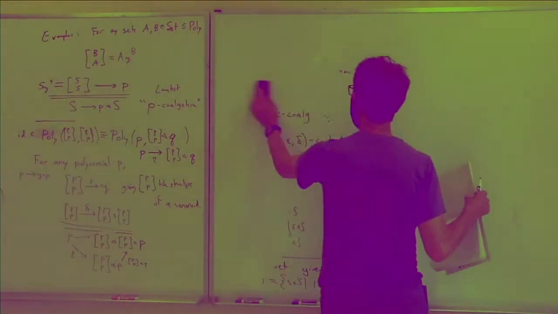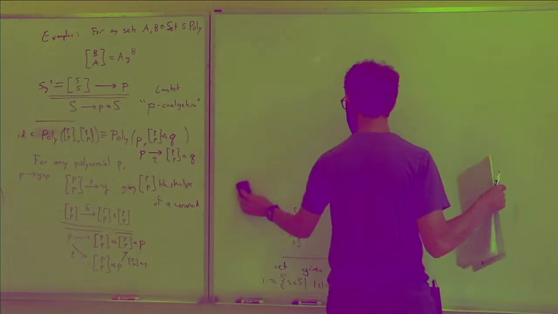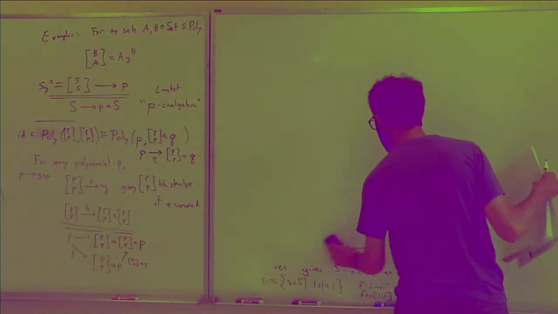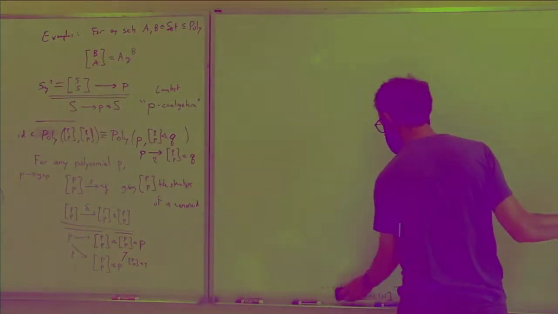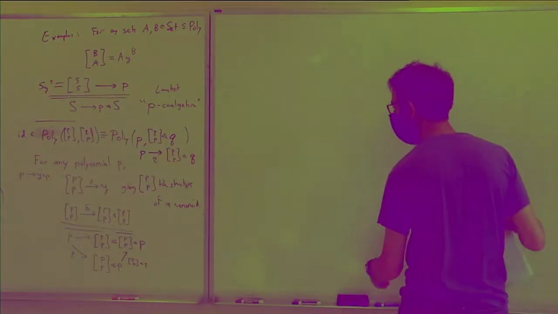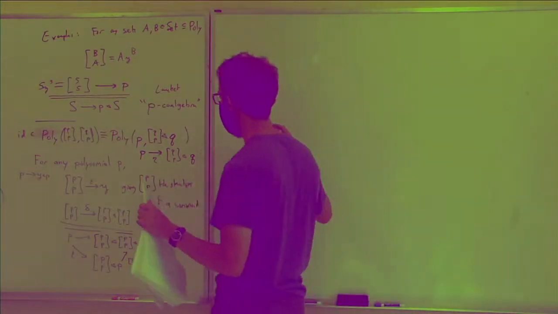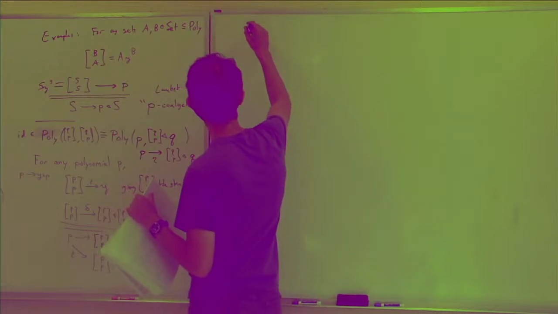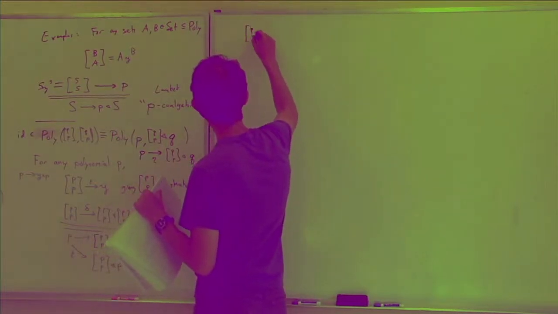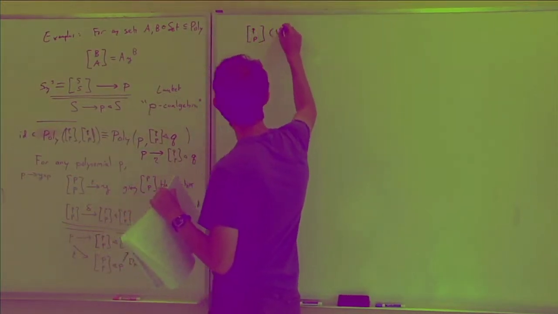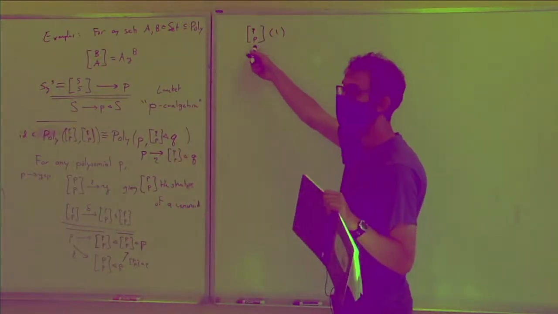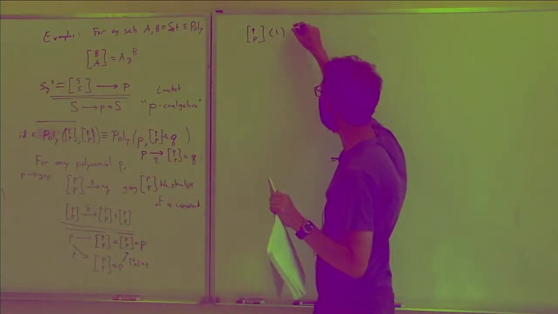We know how to get the category because we know how to get the comonoid. And I'm not going to take you through all the steps, but I just want to tell you what you do. Well, I guess I'll take you through some of the steps. So first of all, PP of 1, if PP is a category, then PP of 1 is its objects.